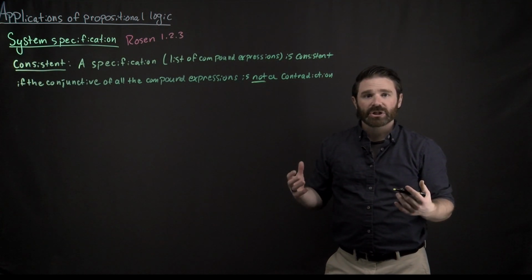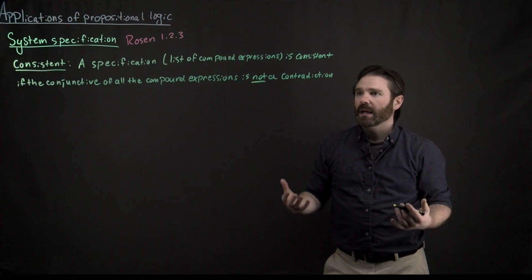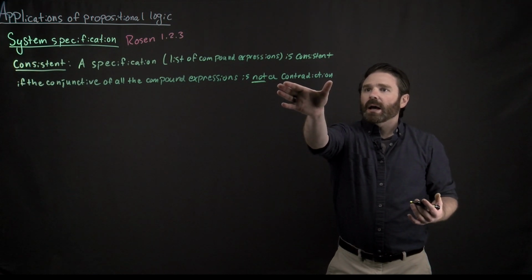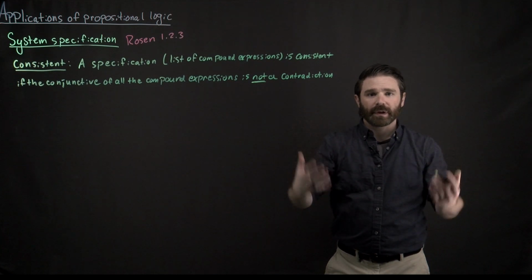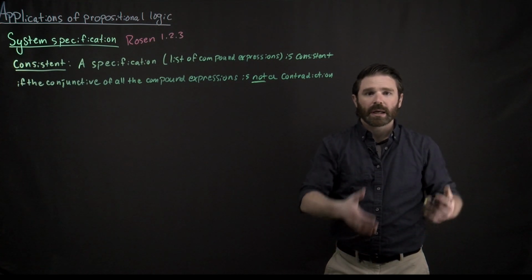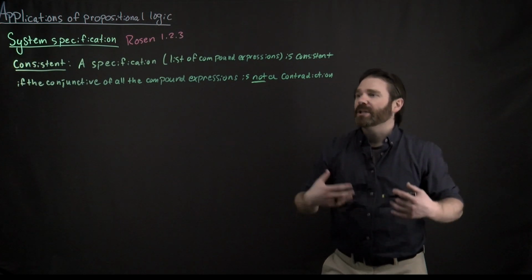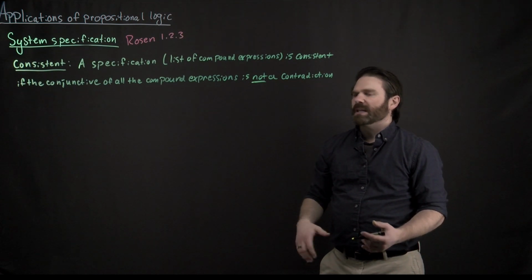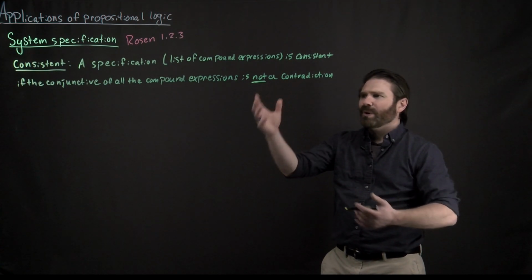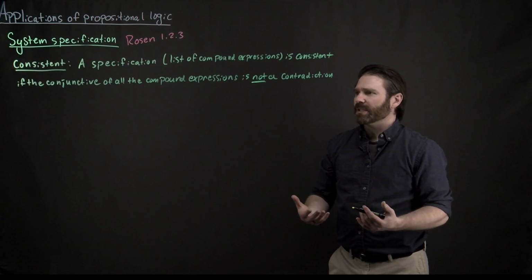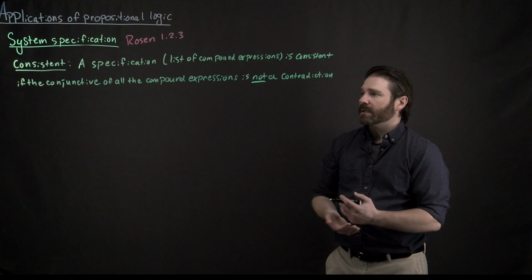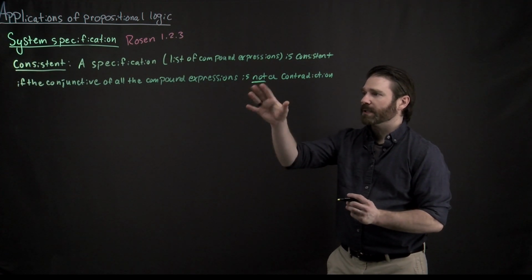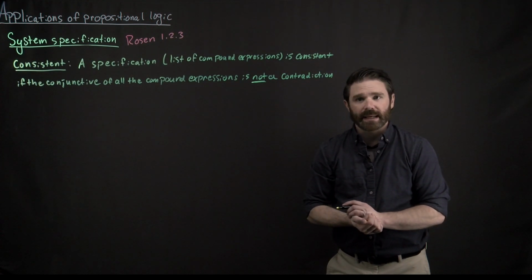And you remember the definition of contradiction, meaning that a compound expression is a contradiction if no matter the truth value of all the underlying variables, it's always false. So you want that not to be the case. Because if that is the case, then there's no way that all your specifications are going to be able to be satisfied simultaneously. So it's probably easiest to demonstrate this particular application using an example.